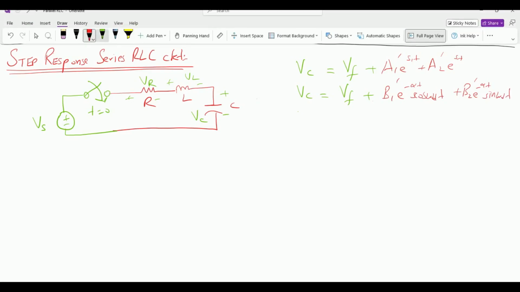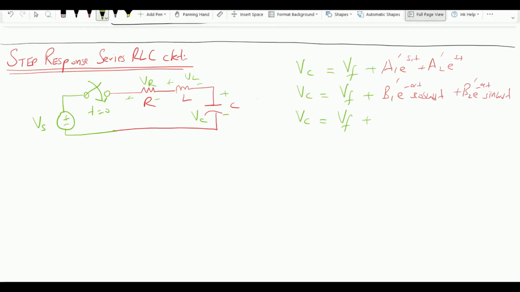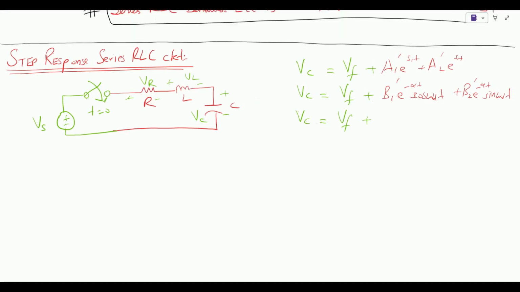And finally, for the critically damped step response, Vc will be equal to V of F, which is the final voltage, where we are considering the final voltage to be the voltage source applied, and the equation will be d1 bar t e raised to power minus alpha t plus d2 bar e raised to power minus alpha t. So again, the step response behaves in the same way in terms of equations which we saw previously, and the same formulation will go for finding the currents.